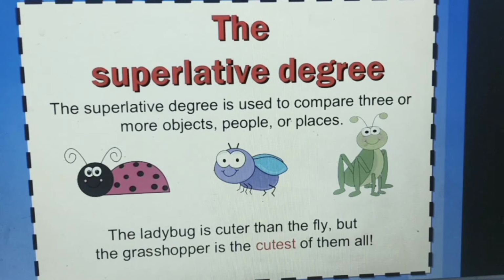Next we have the superlative degree. Superlative degree is used to compare three or more objects, people or places. The ladybug is cuter than the fly, but the grasshopper is the cutest of them all.